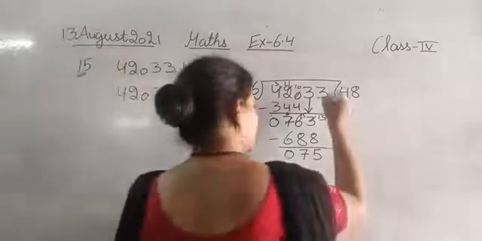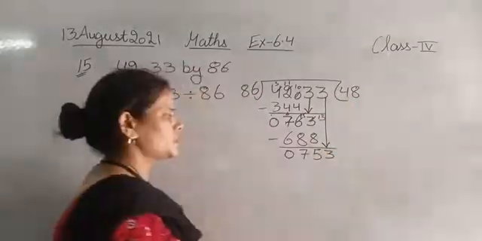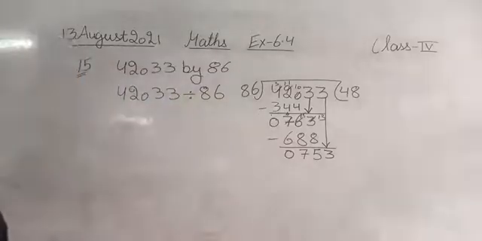Now bring down the next number, that is also 3. So the number became 753.